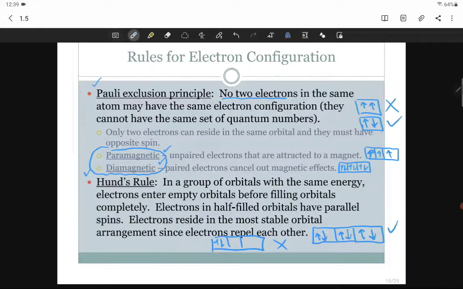One of these electrons in this first box would have to go into that second box. And think about if you had a box and a bunch of ping pong balls. If you put a ping pong ball in the box, it's going to sit at the bottom. If you put a second ping pong ball in the box, it's going to sit at the bottom. It's not going to stack up. And that's sort of the idea. It's going to go to its most stable location. And being right there is not very stable.